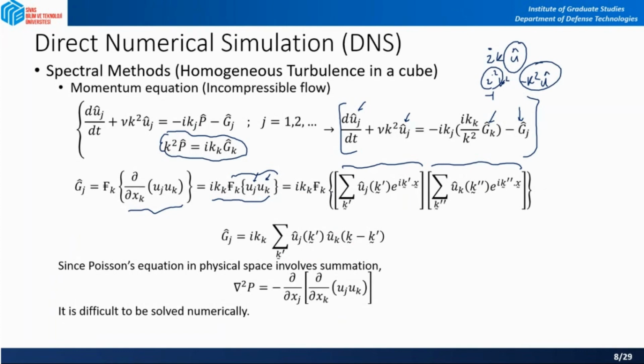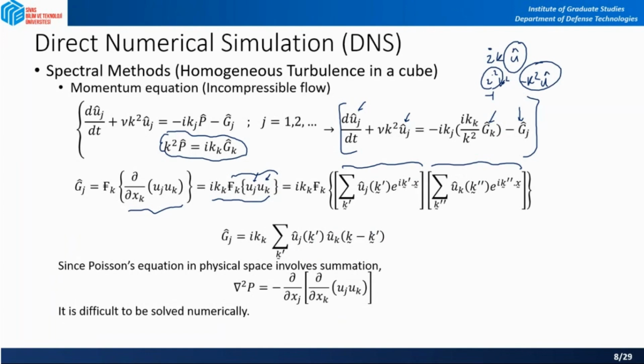I used prime and double prime to distinguish between the two: the first one is for uj, the second, double prime, is for uk. Nevertheless, they both are wave numbers, nothing else. So the final equation I get is g hat equals ik times the summation of uj at k prime times uk at k minus k prime. Of course, there are many intermediary steps that I skipped, and you can follow them from Pope's book again.